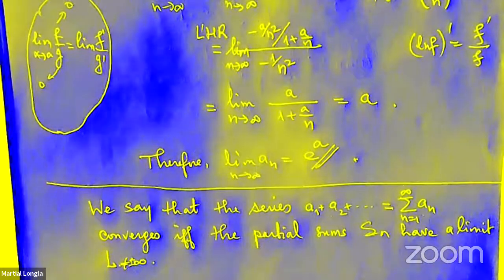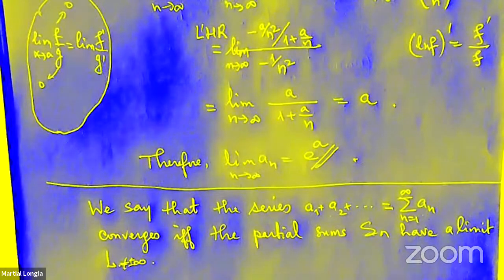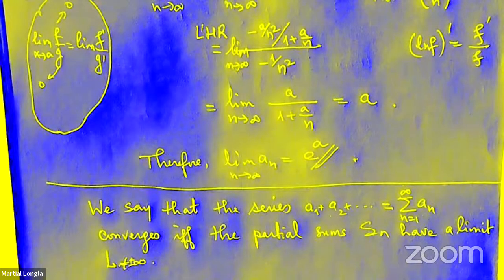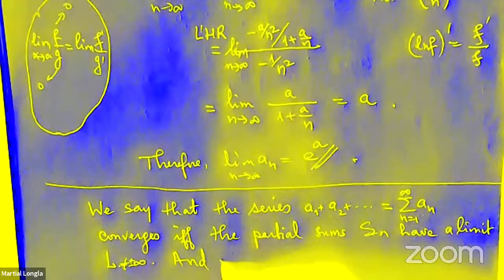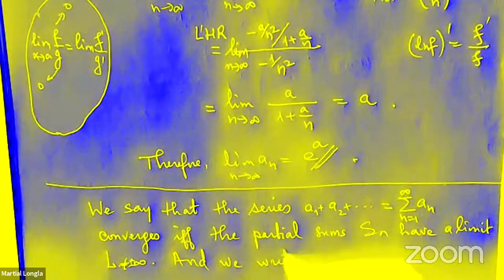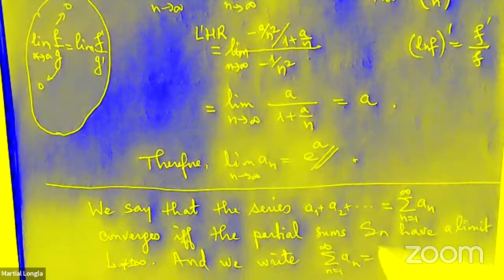That plus minus infinity, right? So if we have a series and we take the partial sums of the series and we find out that the partial sums have a limit that is not infinity or minus infinity, then we conclude that the series converges and it is equal to L. And we write sum n from 1 to infinity, an equal L.